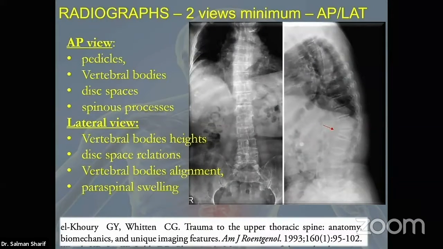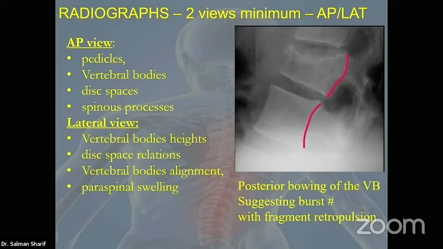So, simple radiographs. These are the two main directions that we evaluate: AP view and lateral view. On AP view, we look at pedicles, vertebral bodies, disc space, spinous processes, lateral vertebral body height, alignment, and paraspinal tissues.